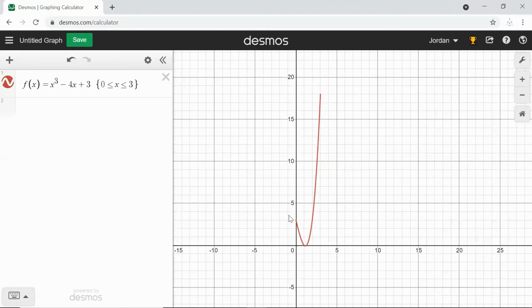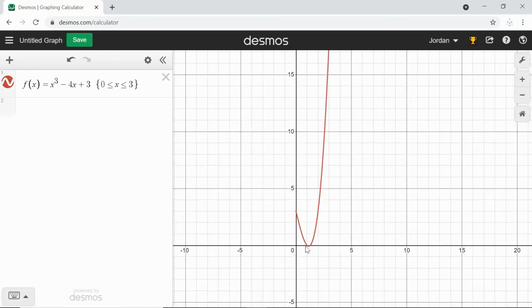The obvious graphical solution to this is that between 0 and 3, this point up here at the very top is going to be our maximum. And this point here at the very bottom is going to be our minimum. That means we just need to find out what those 2 points are.